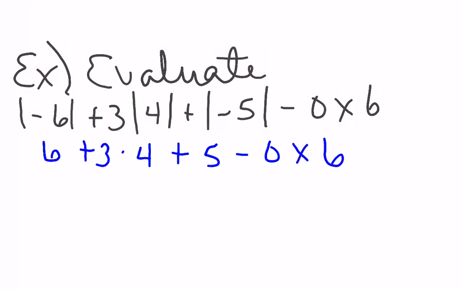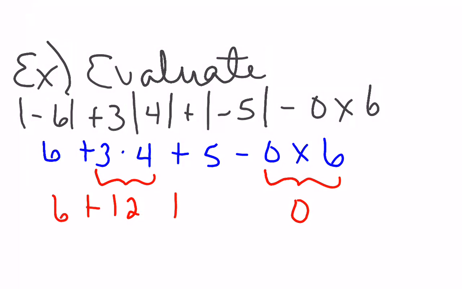Now, according to PEMDAS, we do multiplication first. So we have this multiplication here and that multiplication there. So 3 times 4 is 12, and 0 times 6 is 0. So we have 6 plus 12 plus 5 minus 0. Now we have addition and subtraction in the same problem, so we're going to go left to right.